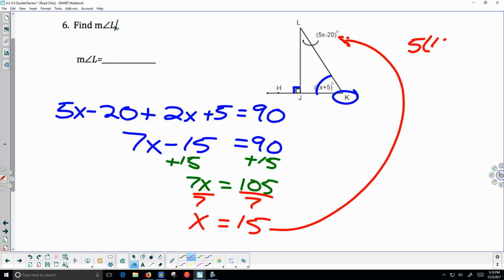So I've got 5 times 15 minus 20. I'm going to end up with 75 minus 20, and that will equal 55. So my final answer is 55 degrees.